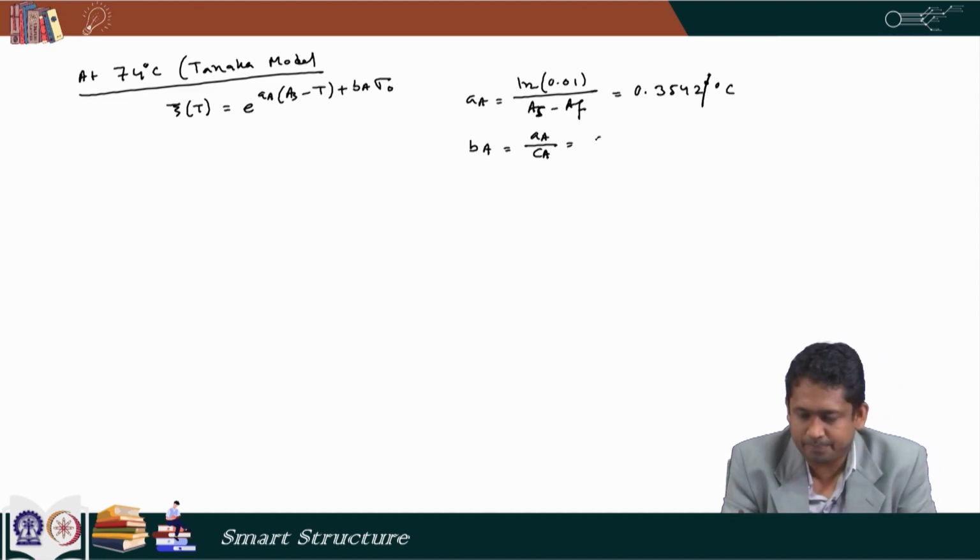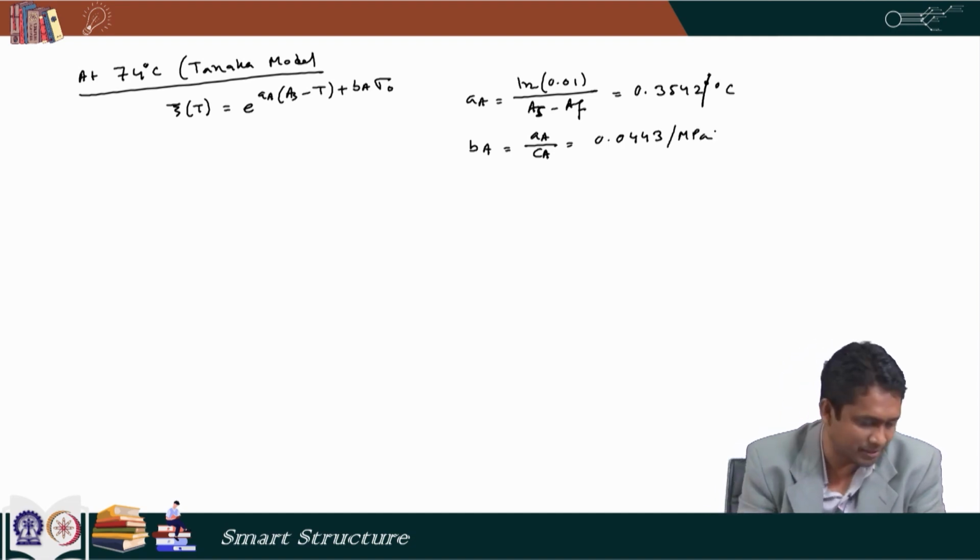So, B A is 0.0443 per megapascal of stress.